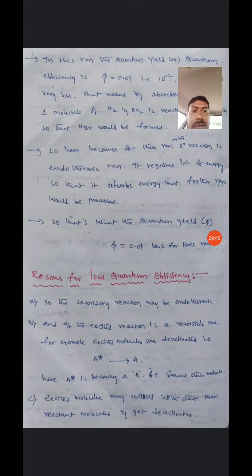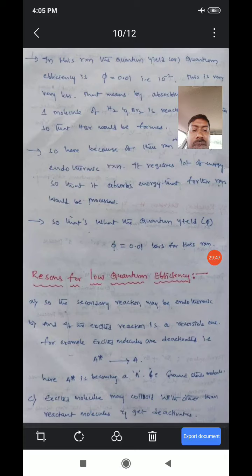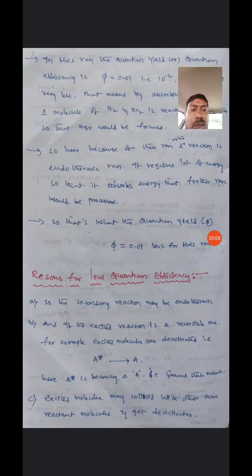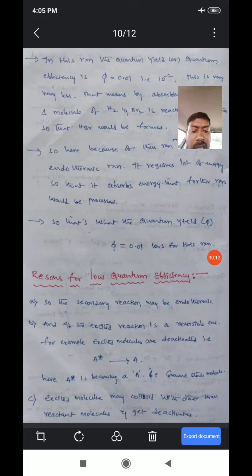Next we are discussing the reasons for low quantum efficiency or low quantum yield. Here there are majorly three points. First, the secondary reactions may be endothermic reactions. Second, the excited reaction may be a reversible one.